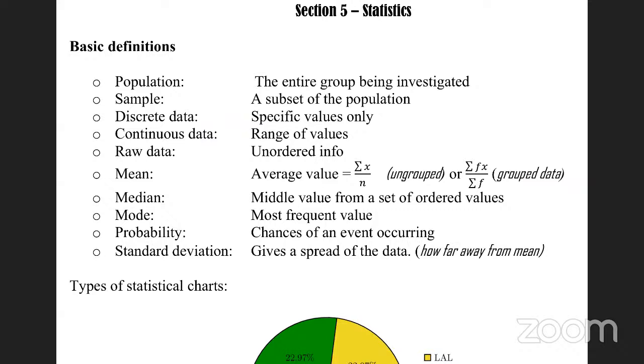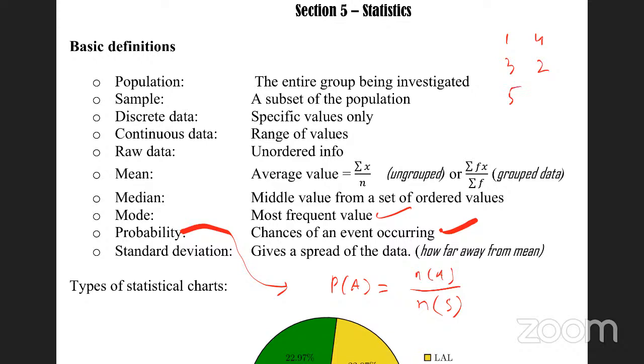Mode is the most frequent value. Probability is the chances of something happening. If I ask you to find the probability of A, you have to figure out the number in A and divide it by the number in the total amount. For example, if you have these 5 numbers, 1, 4, 3, 2, and 5, and you throw them in a hat and randomly pick a number, what's the probability of choosing a 1?